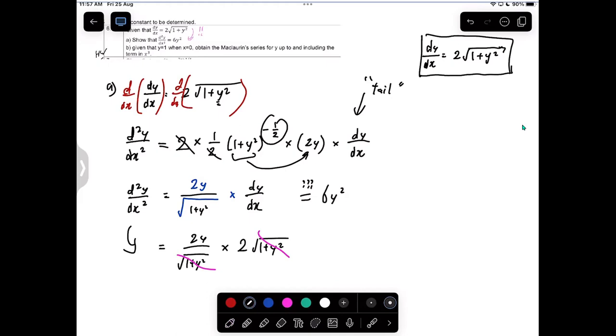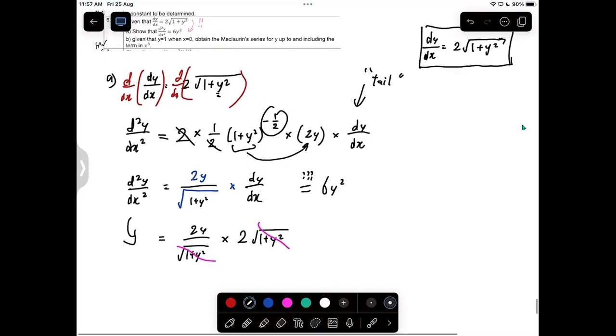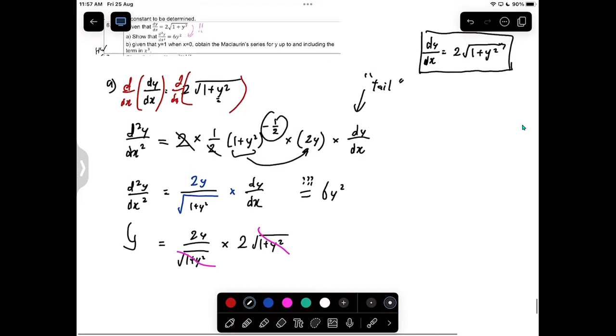Did I do something wrongly? That's not right. Wait, let me double check. Half minus 1. Chain rule, 2y dy/dx. 2 cancels, 2y on top, square root below, dy/dx. dy/dx is 2 times this one.